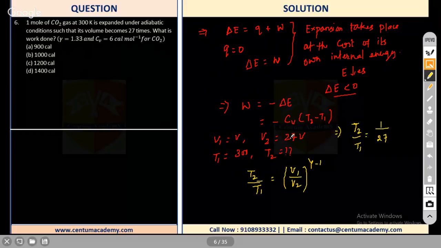Oh, gamma is not 5, gamma is 1.33. Oh, correct, correct. This to the power 0.33. Okay, now you can solve this and you'll get T2 from this.